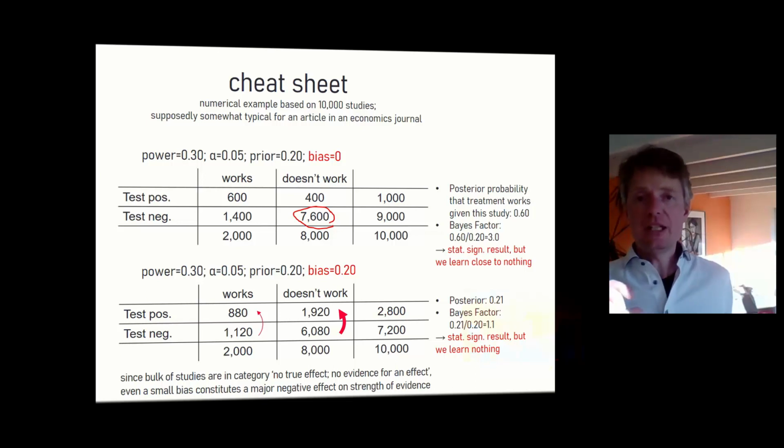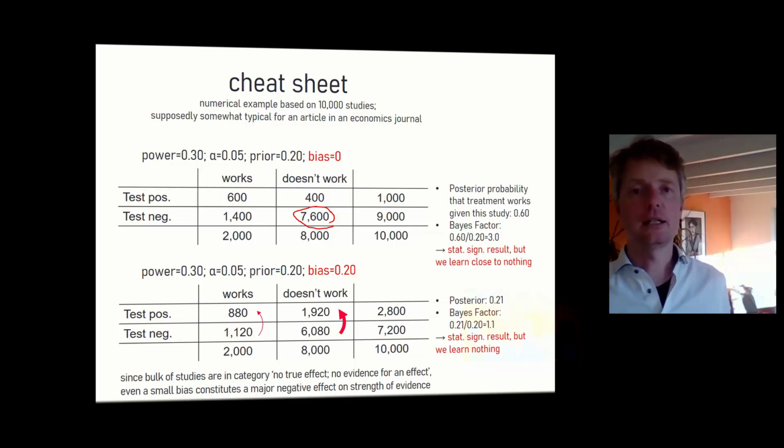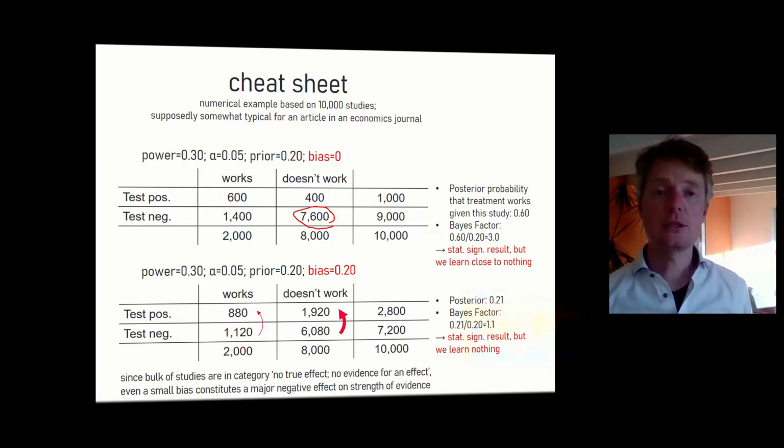If 20% of those studies are actually biased, then there's going to be a large number, like almost 1,600 going up in that other category that are now reported as statistically significant.